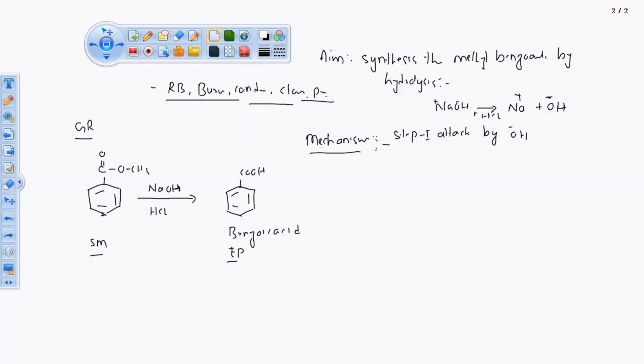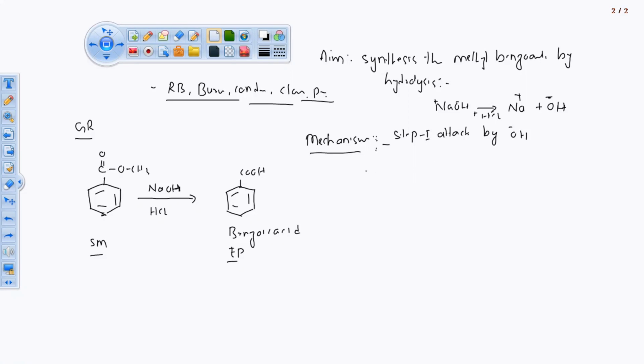When it converts into positive and negative, at that time the strongest one is this, because we are having the methoxy group and carbonyl group. So this will react with the carbon in presence of this oxygen atom.